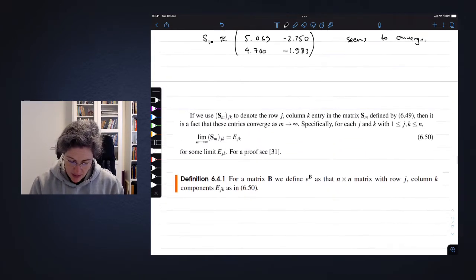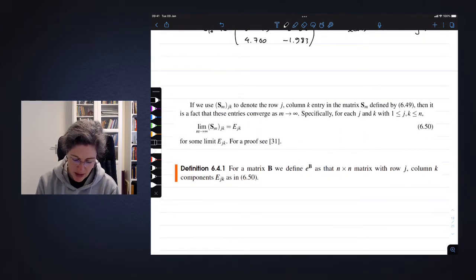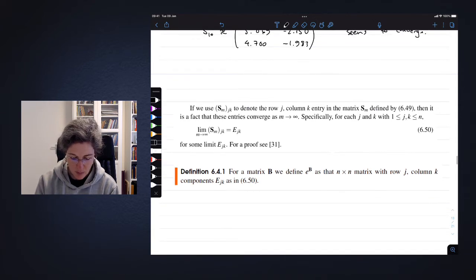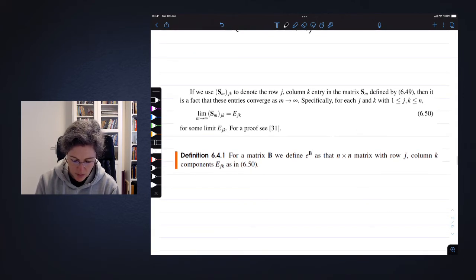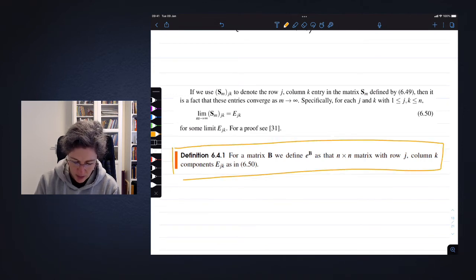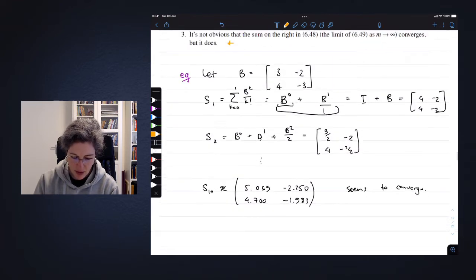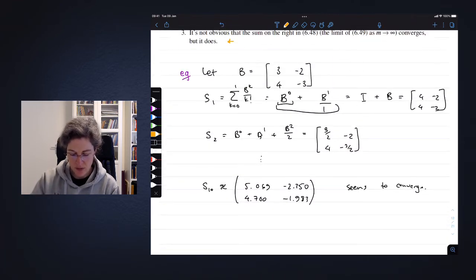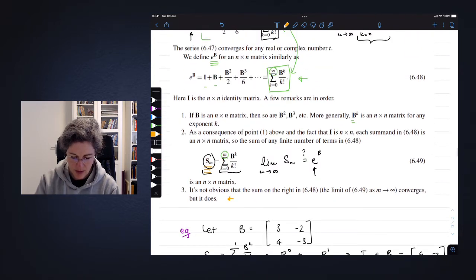What does this mean? This means that we can essentially define our matrix exponential in terms of the Taylor series, the way we've just been discussing. So we end up with this final definition of the matrix exponential of a given matrix B as the matrix where we get each component by taking the Taylor expansion, this thing over here.